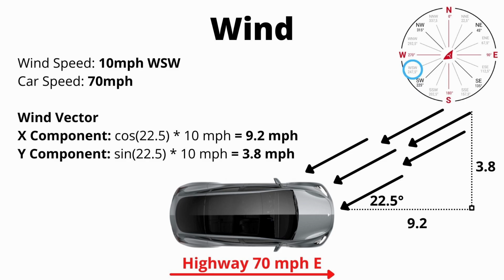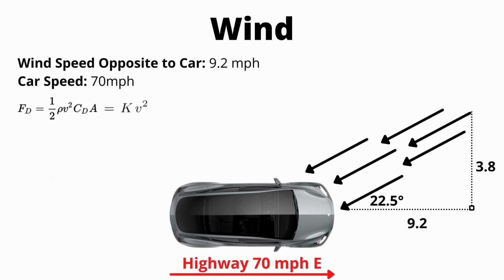But what does this mean for the overall air resistance equation? Since air resistance is a relative calculation, you have to actually add wind speed onto the velocity of the car. So we're going to use the exact same equation as before, except we're going to swap out all the variables except velocity with a constant k. So you can see force of drag is equal to k multiplied by velocity squared.